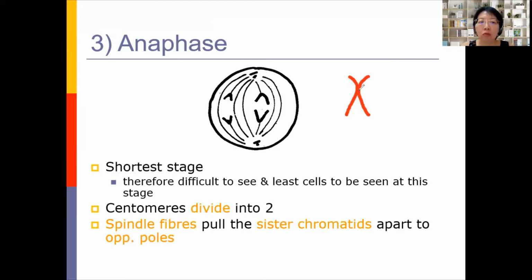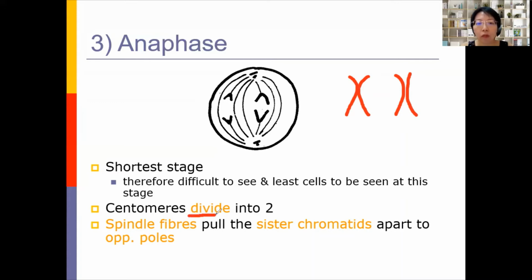During anaphase, the bonds that hold them together will break. So you can see the two are still close to each other, but they are not holding hands anymore. When you divide, it becomes two structures, not one. So the centromeres divide into two.